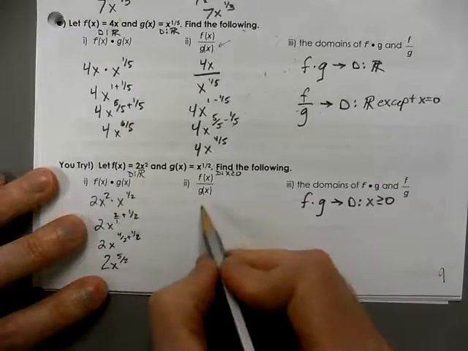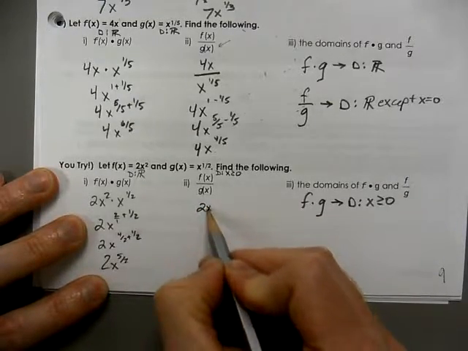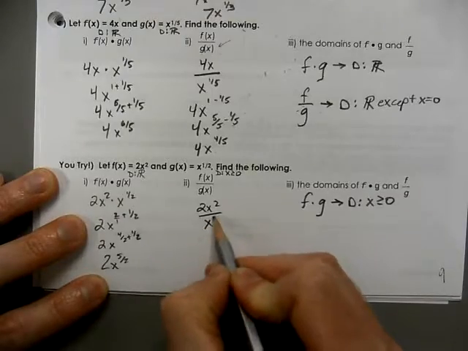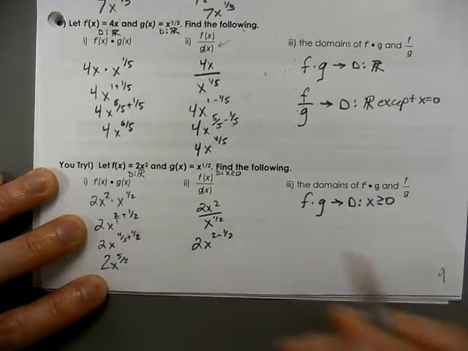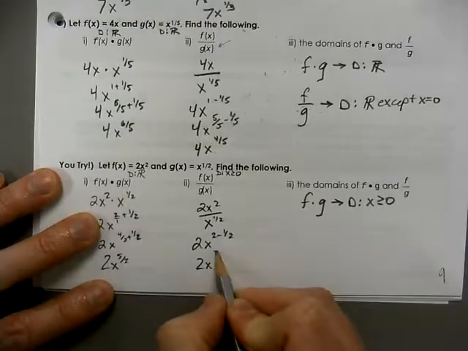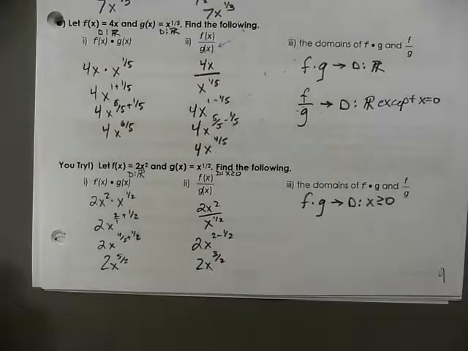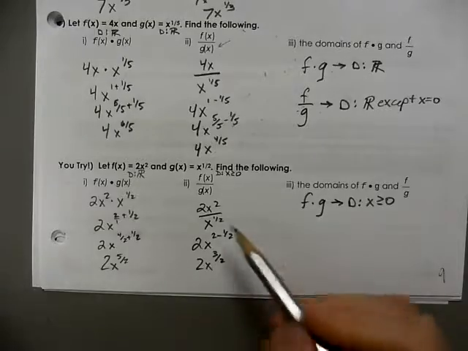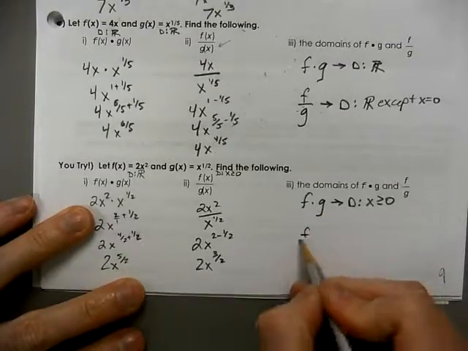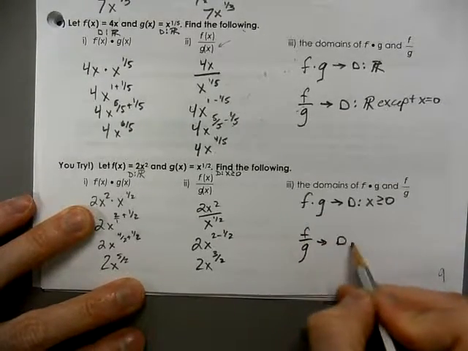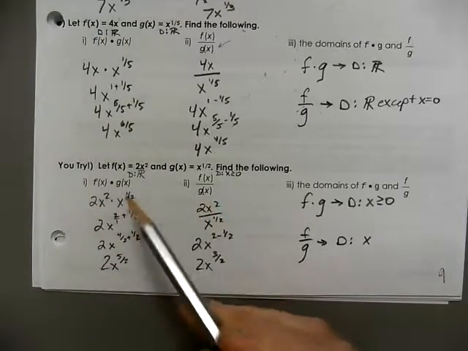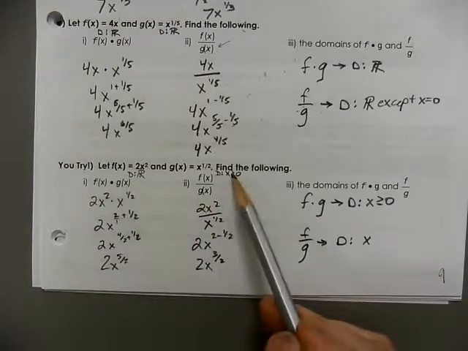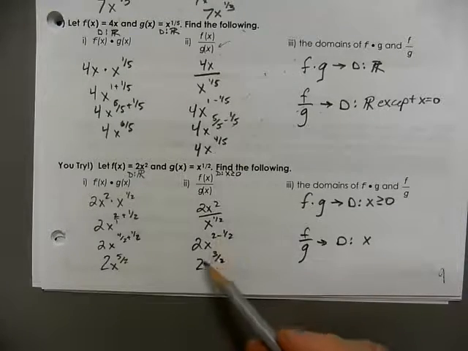And when we divide them, 2x squared over x to the half, that means that we are going to subtract exponents. So when we divide, our new domain is going to be, the parent function was all real numbers and non-negatives.